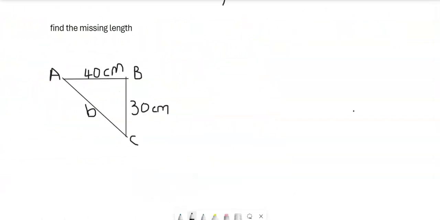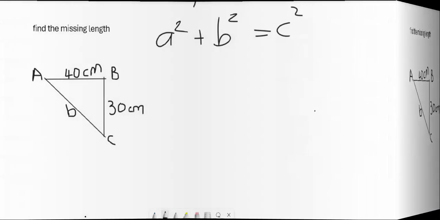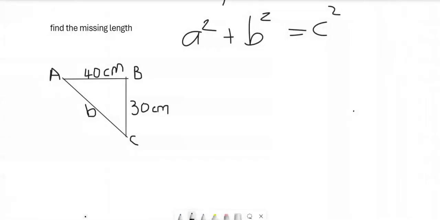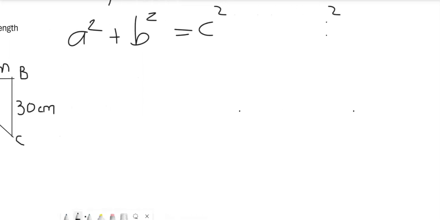Let us look at example 2. So write your formula: a squared plus b squared equals c squared. And please take note of what you have in relation to the formula. Do you have the longest side of the triangle? Do you have the two short sides? What is it that you have?